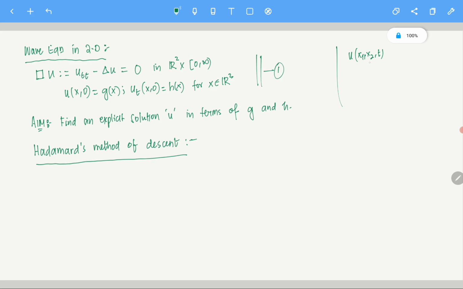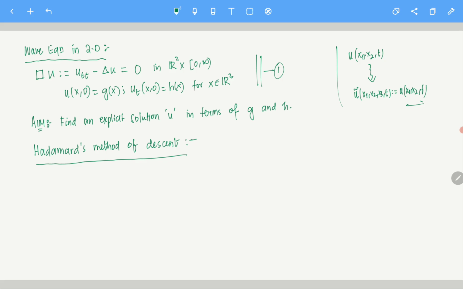Now you can think of this as a function in R3 cross (0, infinity). So basically u tilde of x1, x2, x3, t you define in such a way that it is independent of the third variable, so basically u(x1, x2, t). Is this clear? Do you understand what I am saying?